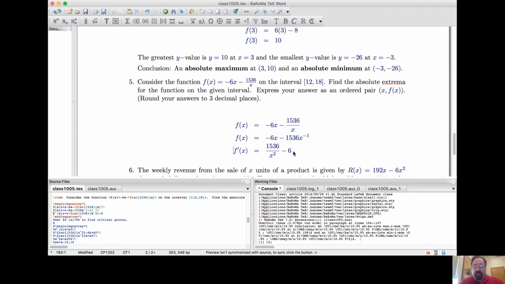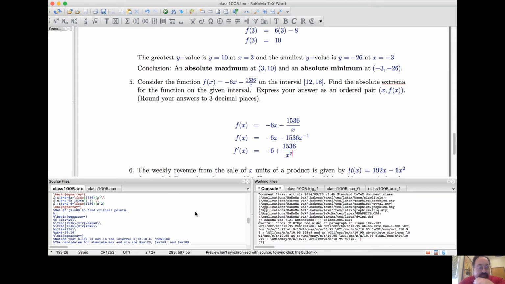So then we get minus 6, should write it this way, from the coefficient rule, and then the exponent comes down to minus 1. So then we have a plus 1536 x to the minus 2, which we can then rewrite as x squared in the denominator because it's a negative power of x. So that is our derivative.